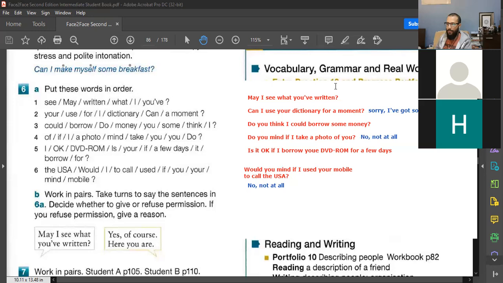Or you can make it shorter. You can say, sorry, it's personal. Right? Yes. It's a good reason. Sorry, it's personal. Okay. So these are useful ways to ask for permission, to give permission, and to refuse permission.